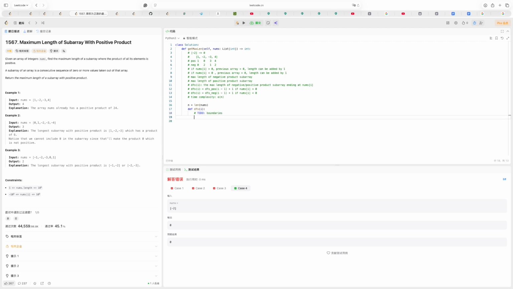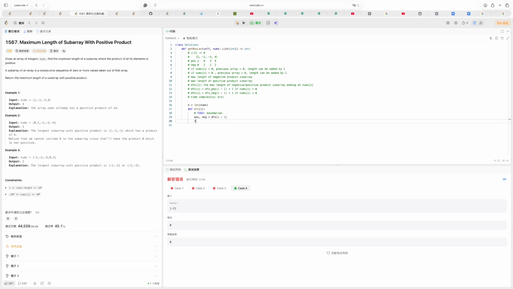Boundaries, and for the values that are not at the boundaries, we will have the previous array negative length, and we'll have positive length, negative length of the previous subarray that ends at I minus 1.